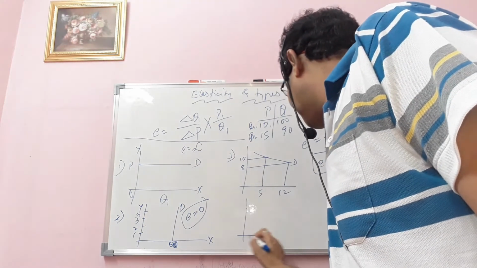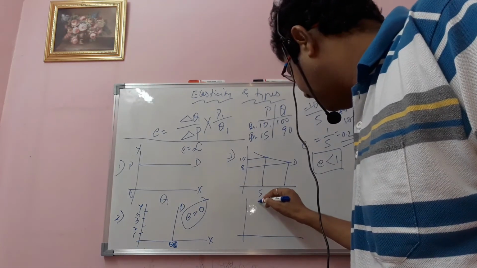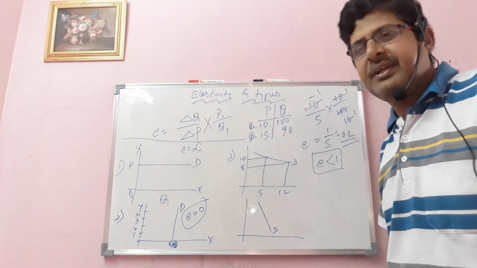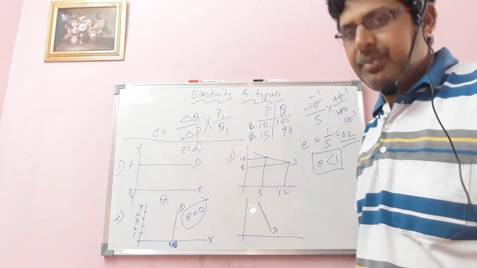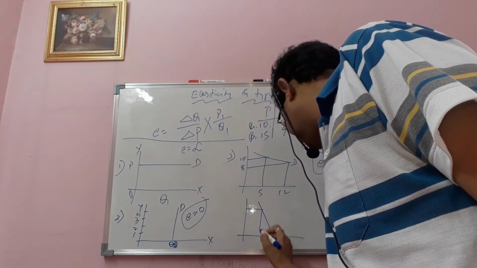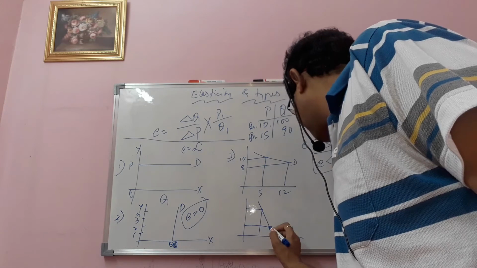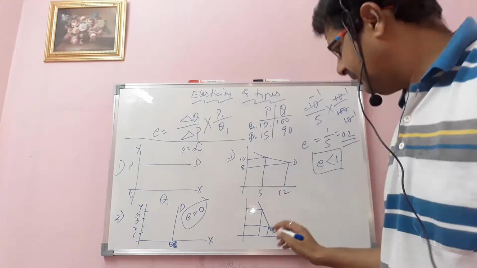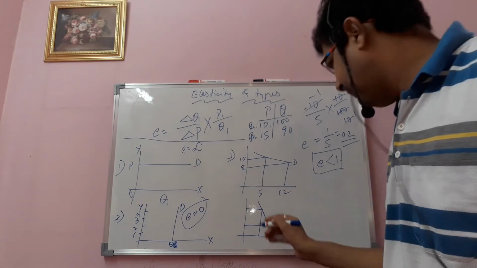And in case of relatively inelastic demand, the demand curve will be steeper, where for a given change in price, quantity varies less than proportionately. That's the definition. That means the variation in price is greater than the variation in quantity demanded.